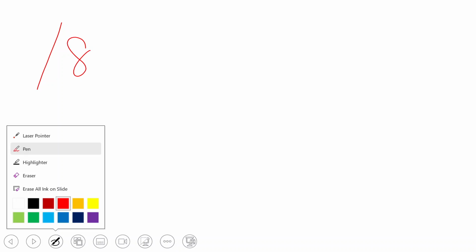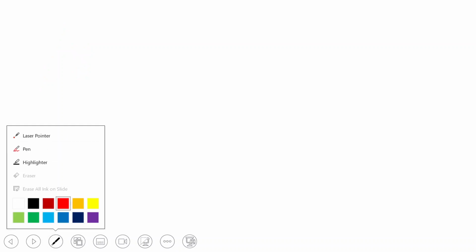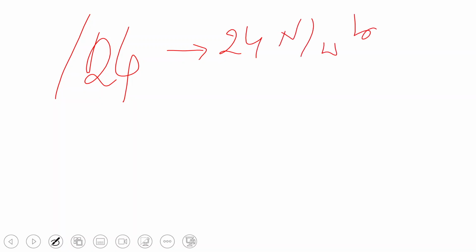I'll just explain here. You have slash 8, but for an easier explanation, I'll clear this and take slash 24. Slash 24 means, as I said, 24 network bits and 8 host bits.